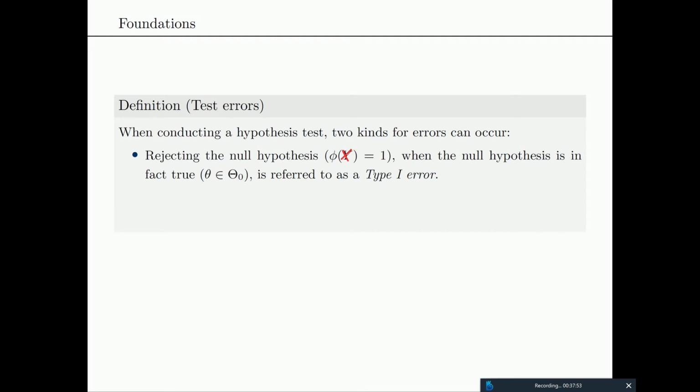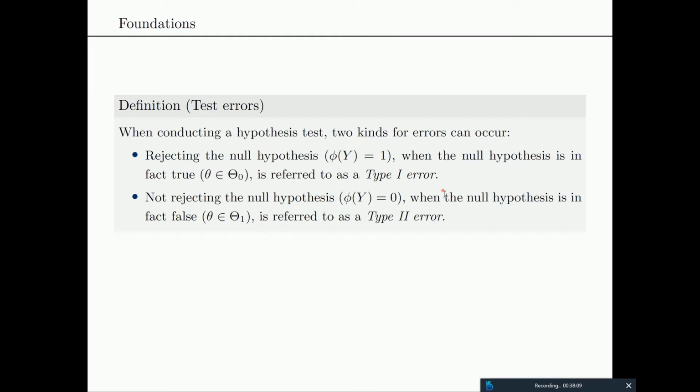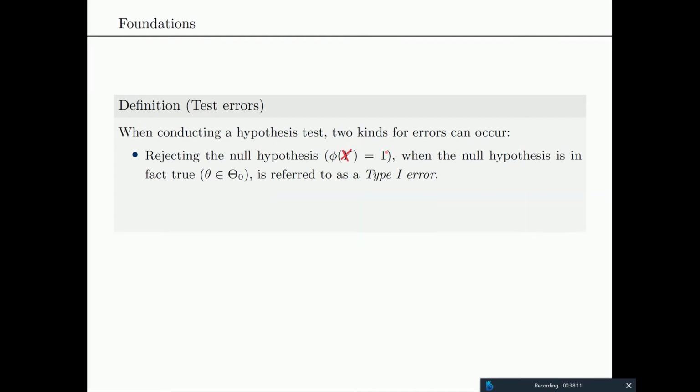So your true but unknown parameter is in the null hypothesis subset of parameter space, but your test says reject the null hypothesis. This is an error and is referred to as a type 1 error. Of course, if you don't reject the null hypothesis when the null hypothesis is true, that's not an error. So this is why this doesn't come up here.